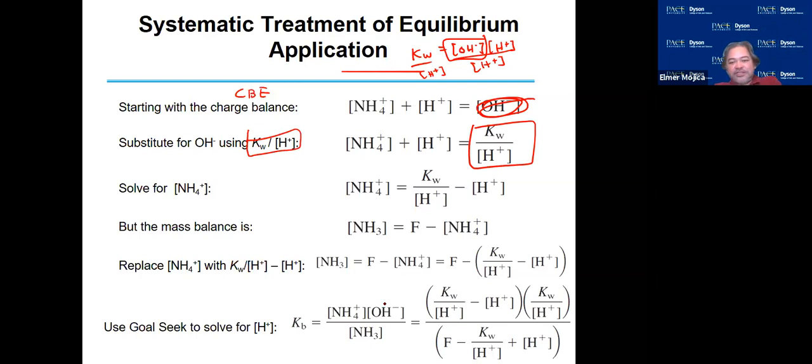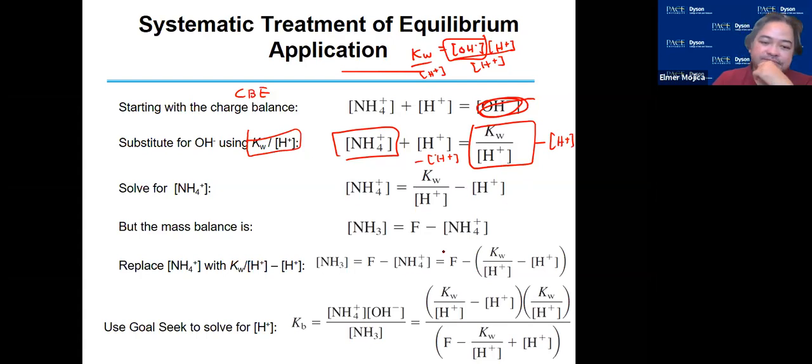And then you solve for the ammonium ion. So you isolate the ammonium ion on this side. You just transpose this, subtract both sides by H plus, as shown in this equation here. But the mass balance is what?